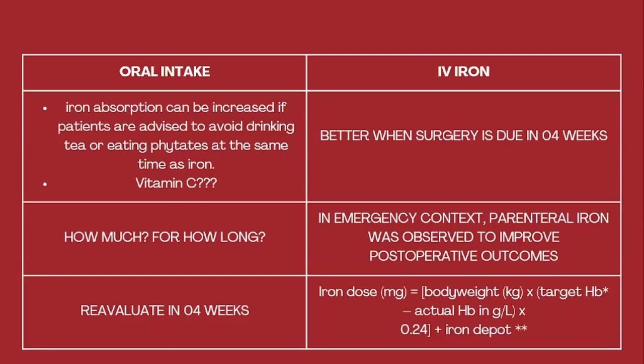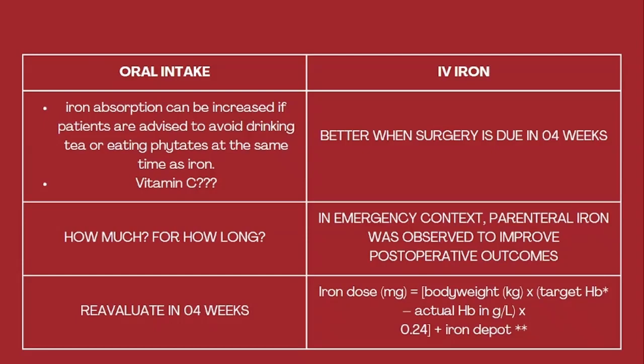These patients need to be reevaluated in 3 weeks, for example, to repeat the full blood count and request the reticulocyte hemoglobin concentration to see if the iron levels are increasing, to see if the treatment is being successful. If not, you can switch to IV iron.